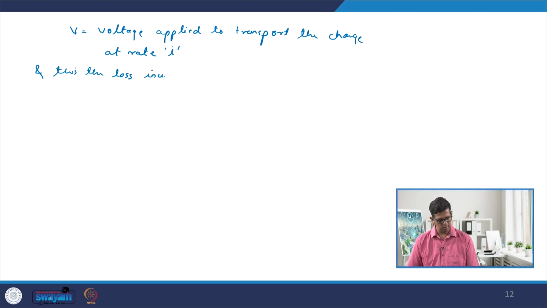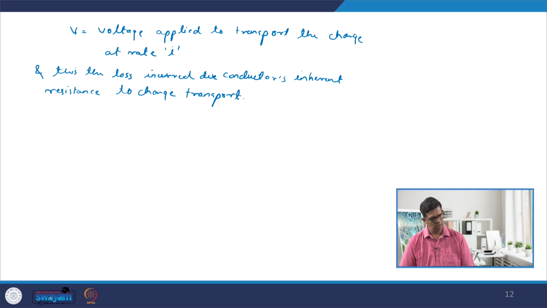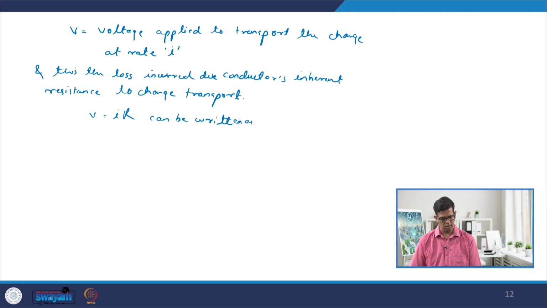It is a loss incurred due to the conductor's inherent resistance to charge transport, right, and that is why this V equals IR can be better written as: this V is potential, basically excess potential, so it becomes eta, eta ohmic equals I times R ohmic.